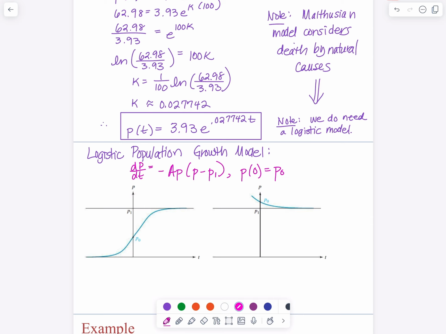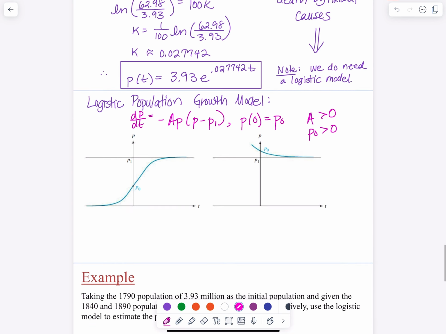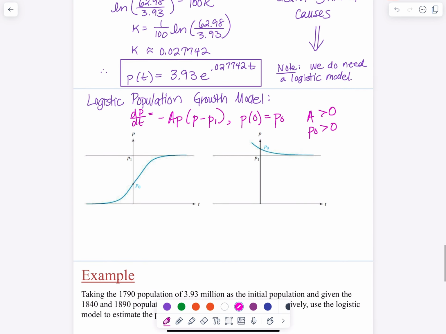So we do have several constants here, and I will define those here. A is going to be positive and P naught is going to be positive. We do have the interaction of different population growth constants.